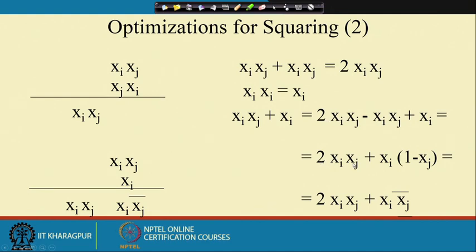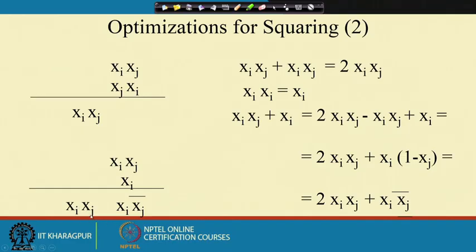So xi is common; I take it common and it can be written as 1 minus xj, and 1 minus xj is nothing but xj bar. So xi xj plus xi can be written as xi xj bar at this particular position, and as this is 2 xi xj, it will be shifted to the next MSB position. That is why this xi xj has been moved to the next MSB position.